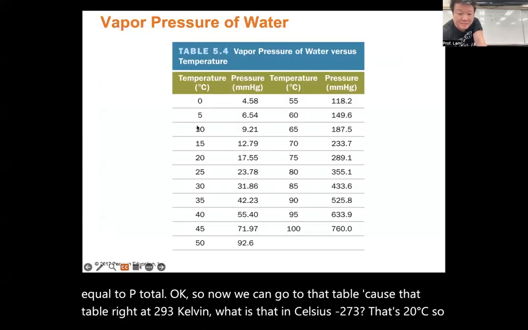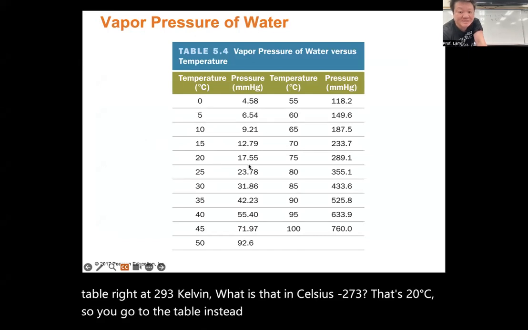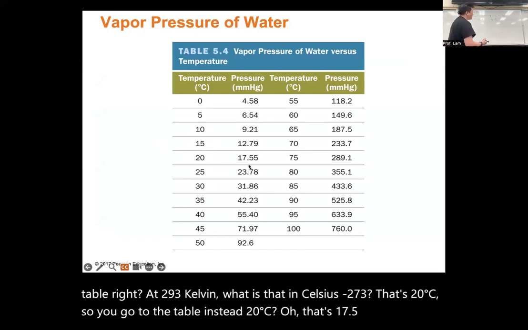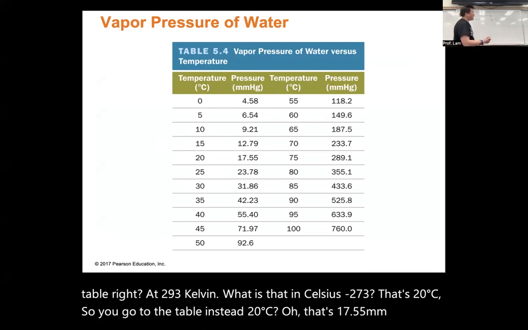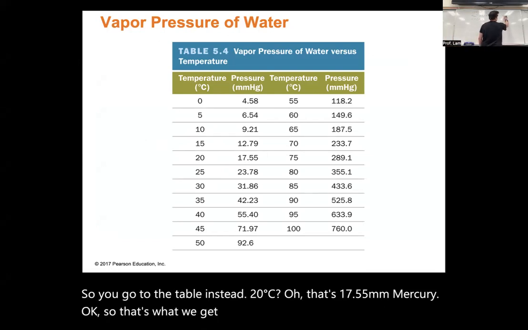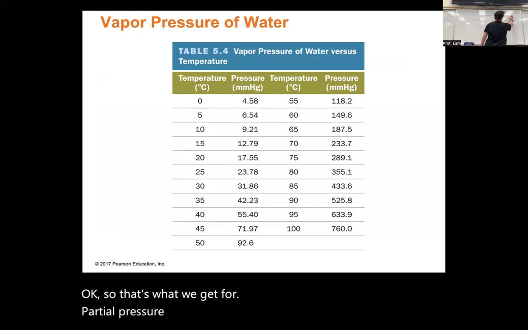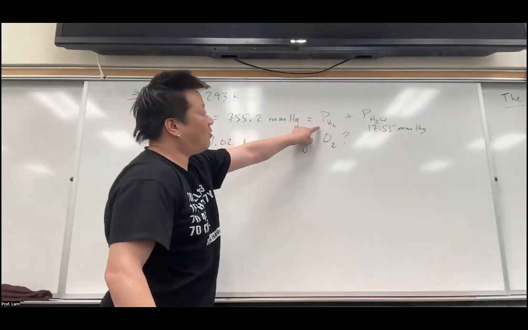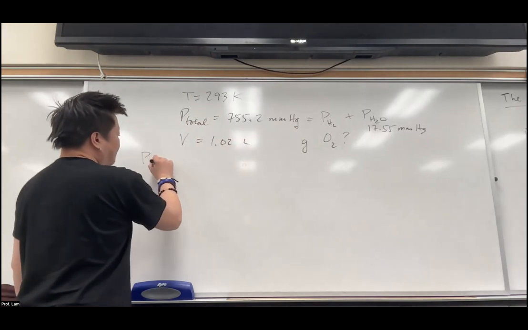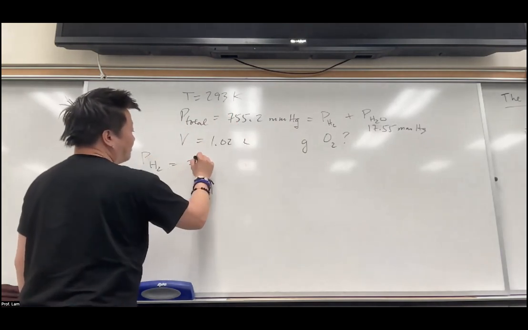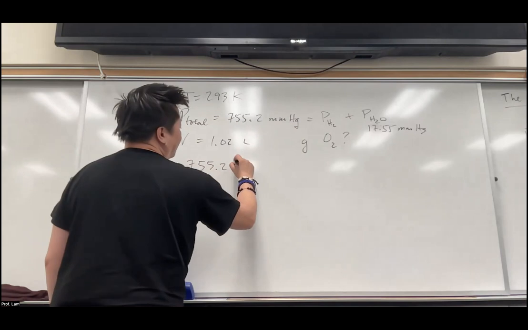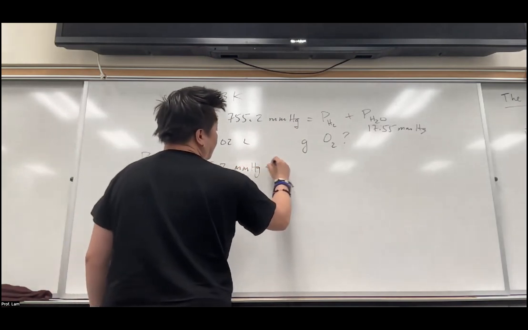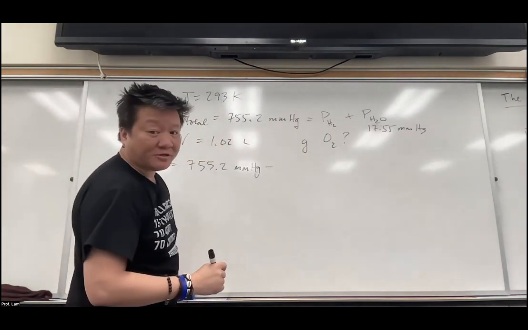So you go to the table and say 20 degrees Celsius, that's 17.55 millimeters of mercury. That's what we get for the partial pressure of water. Then we should be able to figure out the partial pressure of the oxygen. We just take the total pressure, which is 755.2 mmHg, and subtract out water's vapor pressure.